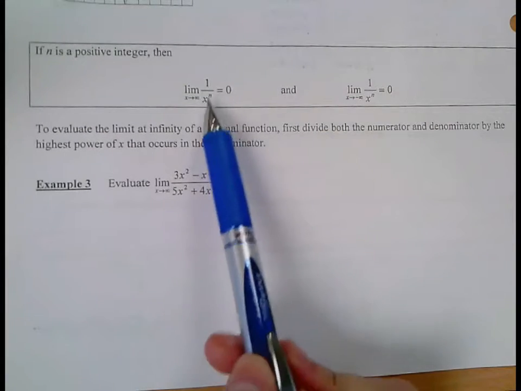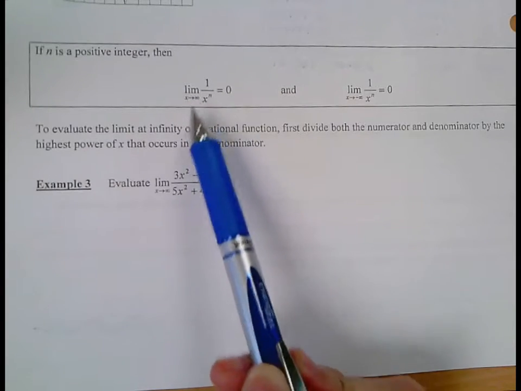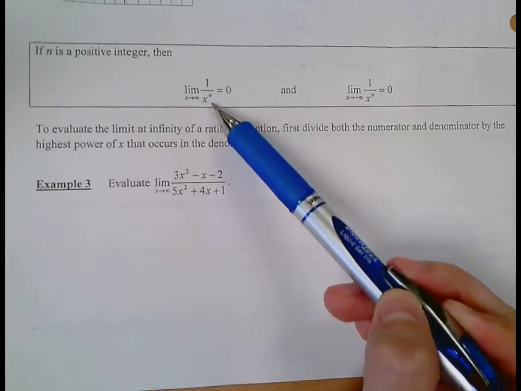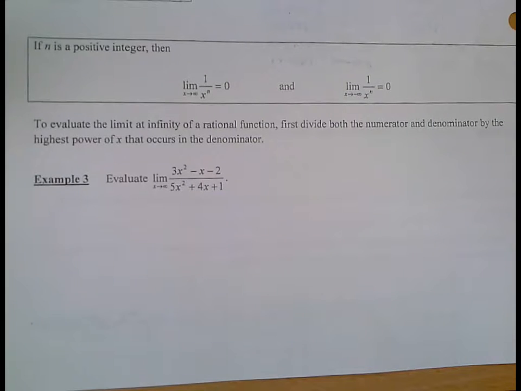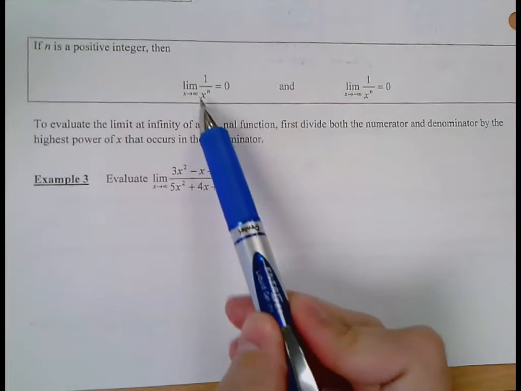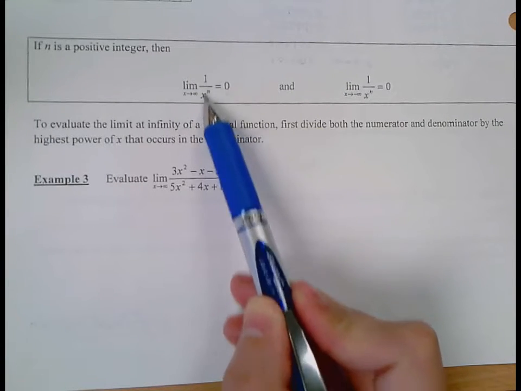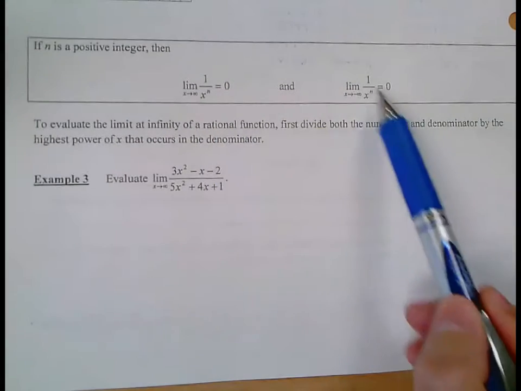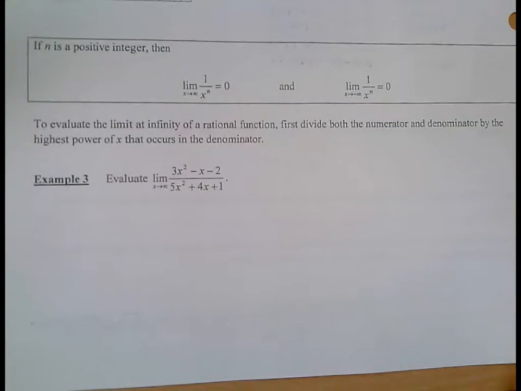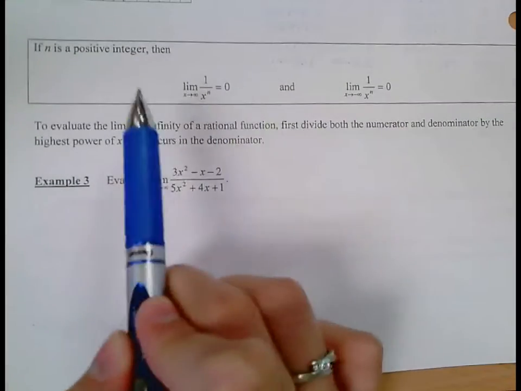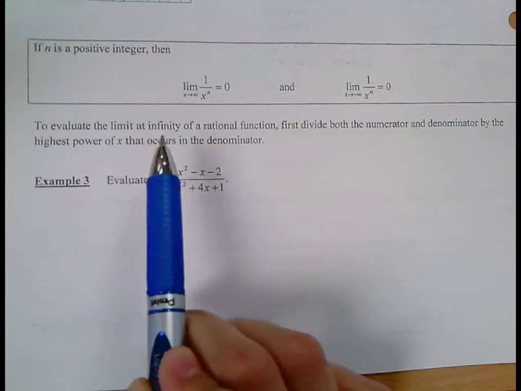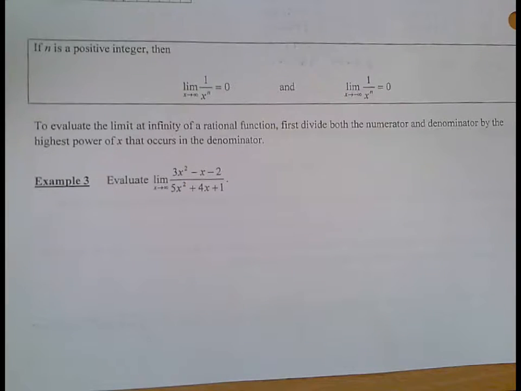The reason why, if you think about substituting in a very, very large number, like 1 over a million, that's 1/1,000,000. That's a number that's really, really close to 0. So if you're substituting in very, very large numbers for x, your y values become close to 0 on either end. So we're going to use this to then evaluate limits at infinity of rational functions.